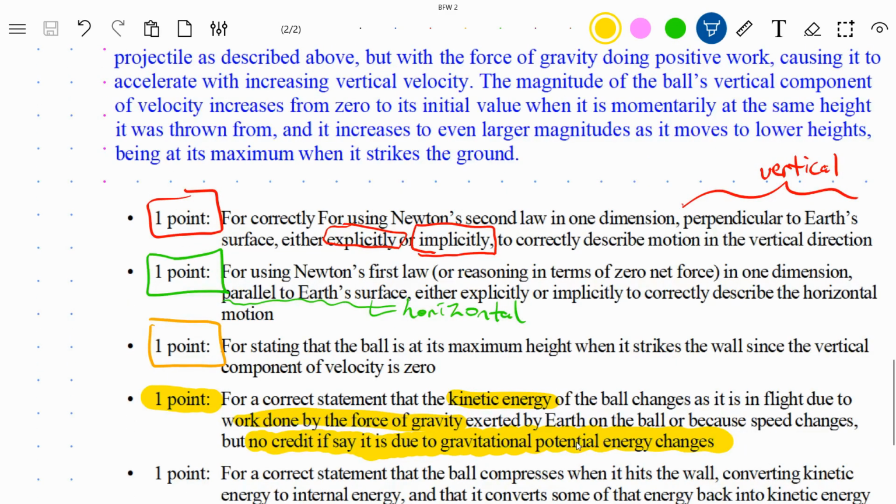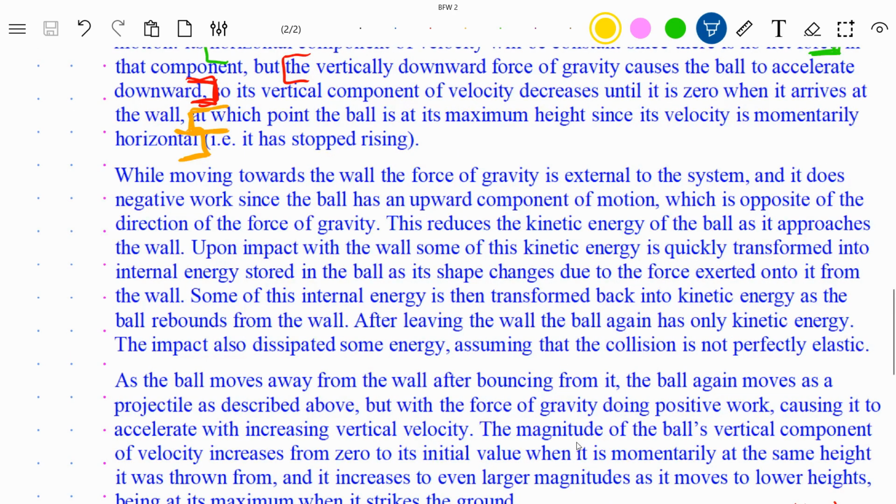So did I do that? Sure. In fact, it was in the second block where I primarily discussed energy. So let's see here. It does negative work. Okay, so the force of gravity does negative work since it reduces the kinetic energy. So basically, strung in there, I have included everything needed to satisfy that point.